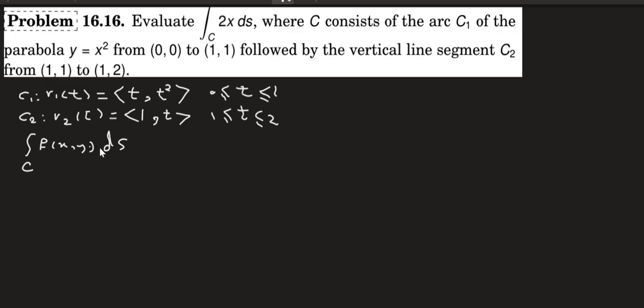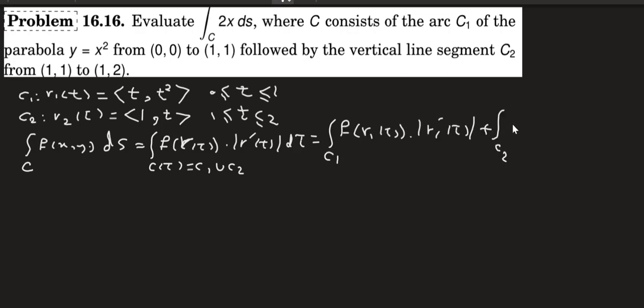For every curve in the union, we have the summation of two integrals: the integral over C1 of f(r1(t)) times the norm of r1 prime, which is exactly the arc length element, with t between 0 and 1, plus the integral over C2 of f(r2(t)) times the norm of r2 prime dt.